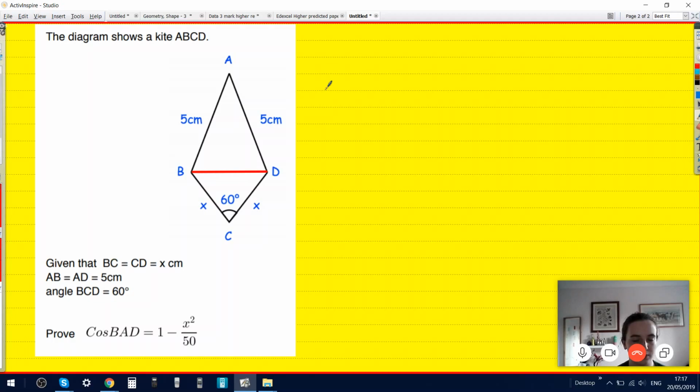So you basically can't find the length of x, and so you just have to find the cos of BAD in terms of x.